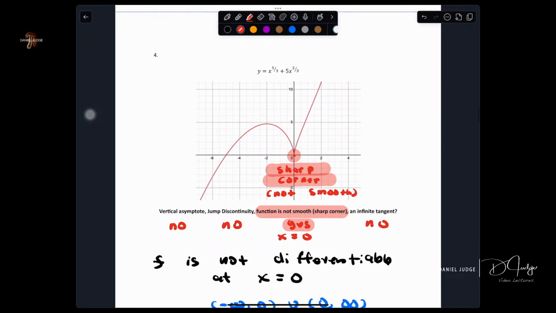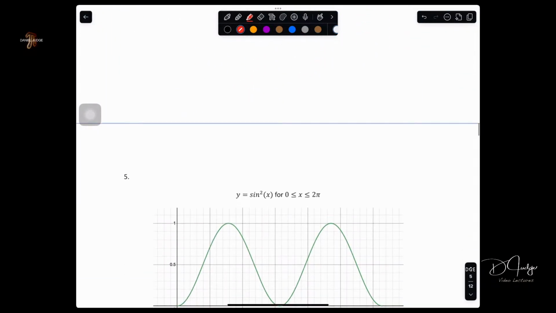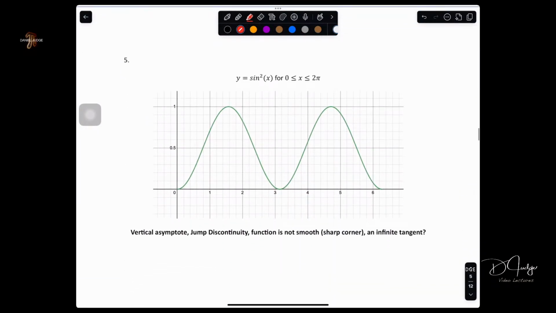All right. y is sine squared. Guess what? This is nice and smooth on the domain that it's defined for. They define this y is sine squared on this interval from 0 to 2 pi. So this is nice and smooth. Okay.